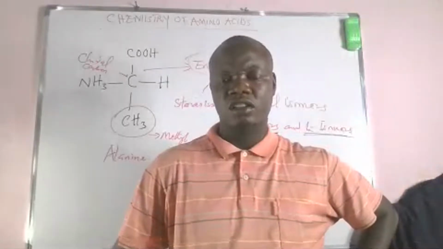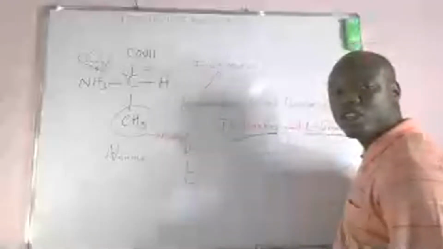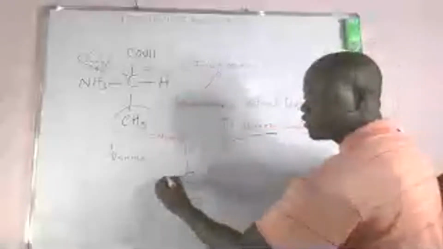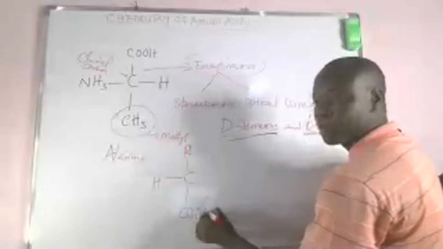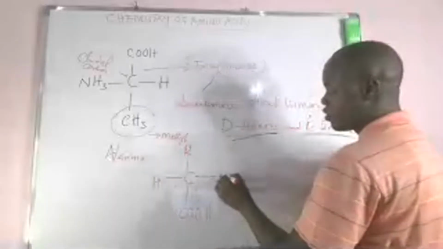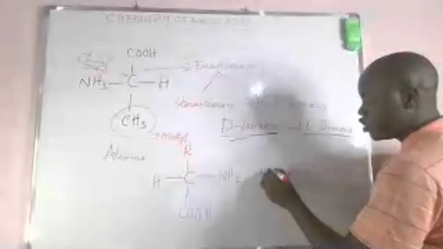Okay. So what I'm saying, ladies and gentlemen, is that amino acids are classified into two: we have D and L isomers. So now let's look at the D isomer and the L isomer. The D isomer is like this, and then we have NH2 here.